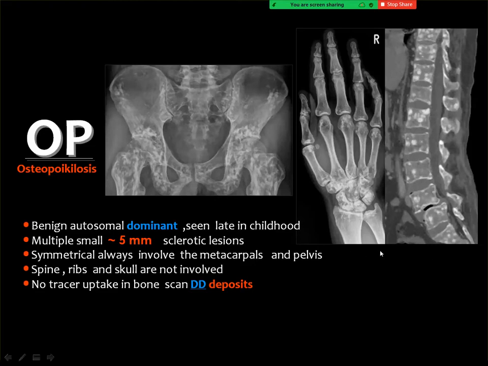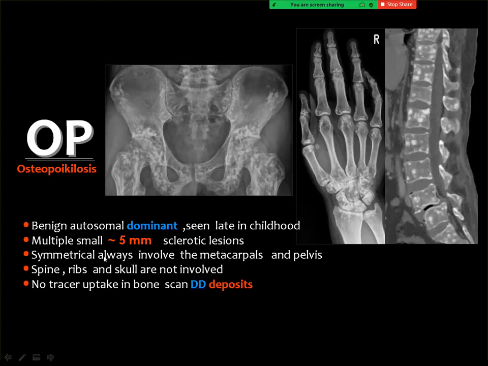And this disease is rare in the spine, and as the literature says, the spine, the ribs, and the skull are not involved. But I have seen many cases where the spine is affected as well.